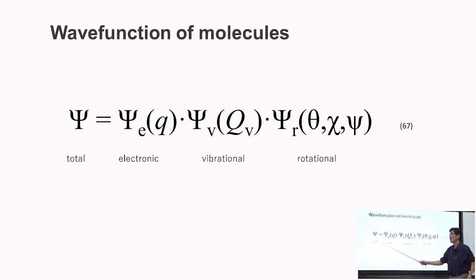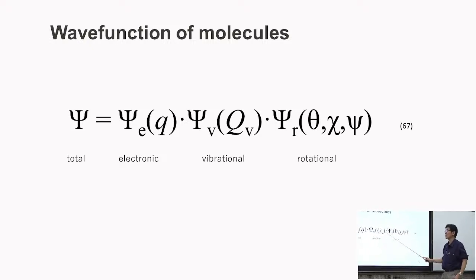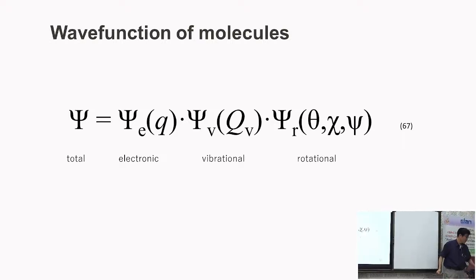Okay, it's a good approximation to separate the total wave function of the molecule into the contribution from electronic part, vibrational part, and rotational part, right? So, we can consider the behavior of the electrons by focusing on this part, vibration by focusing on this part.